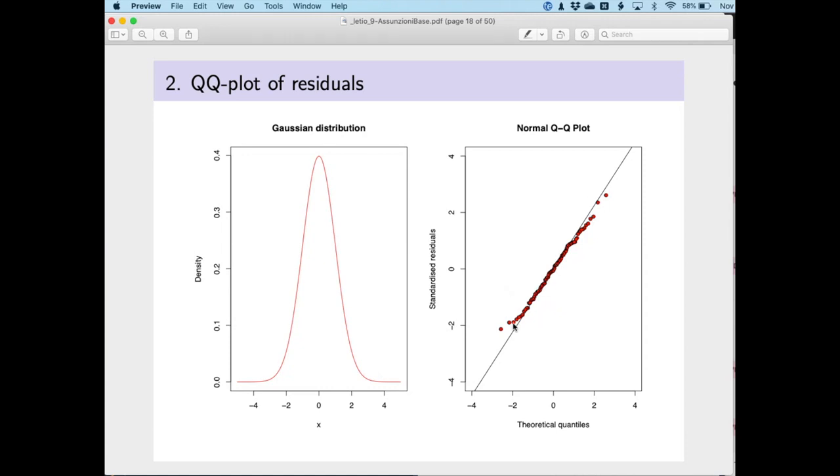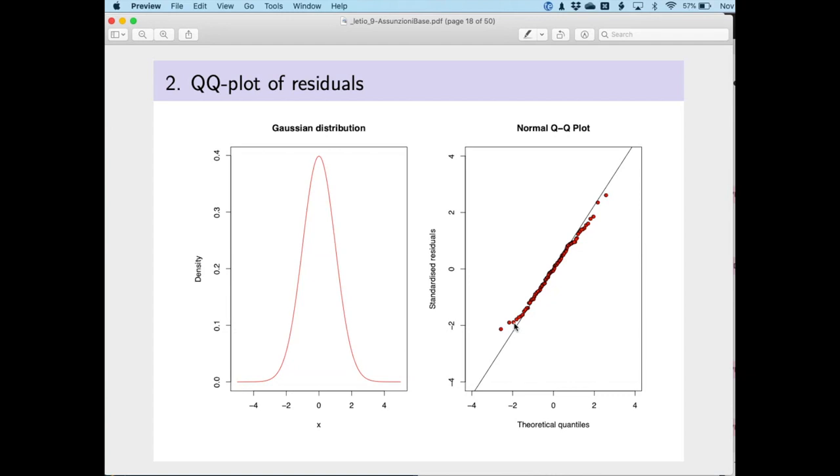It was drawn by taking random residuals from a Gaussian distribution. You see there are some deviations. Of course, they are in the logic of sampling, so we have some sampling error. But you see that the residuals stay along the diagonal.